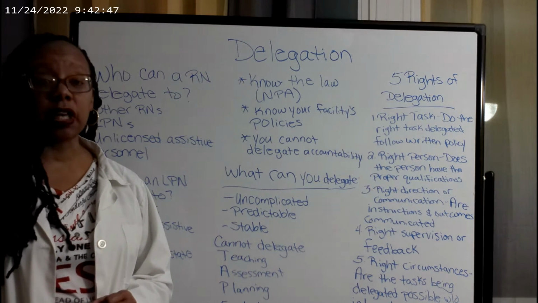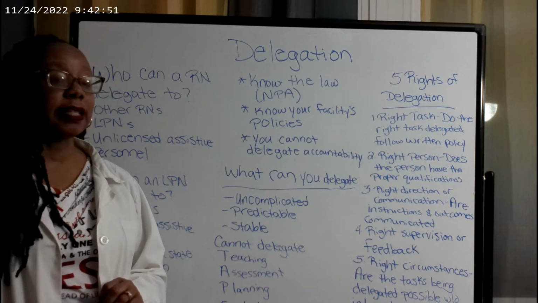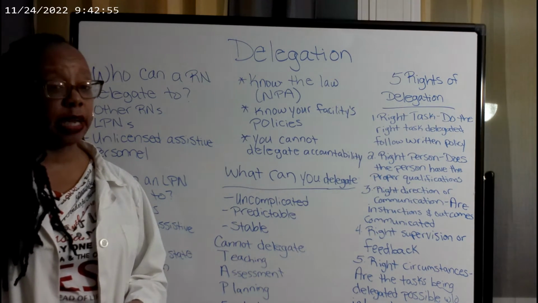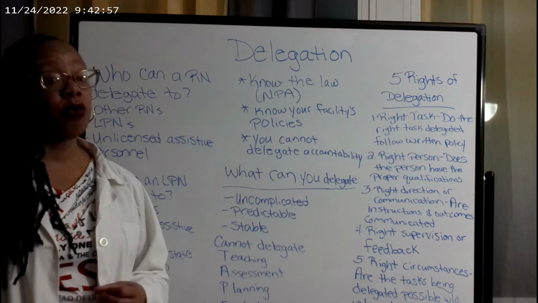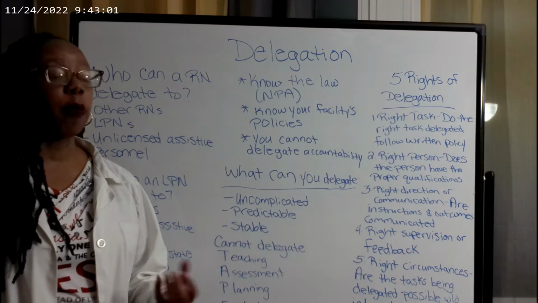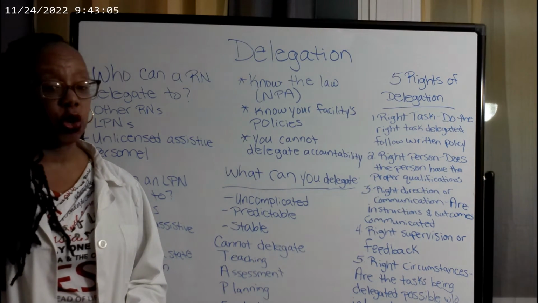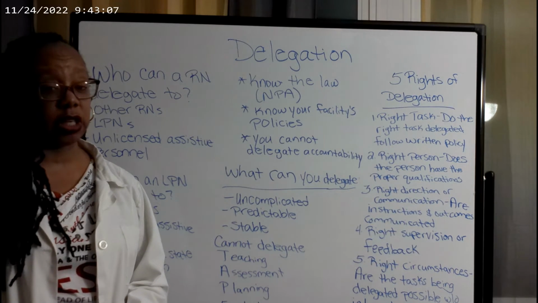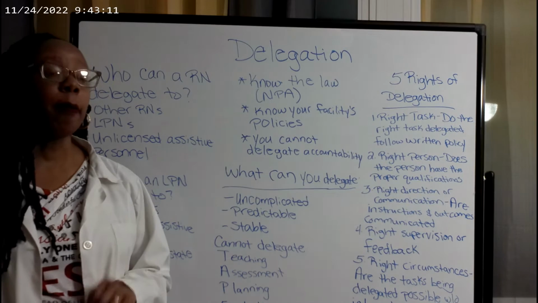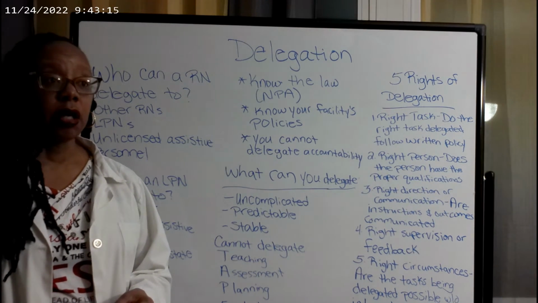They can feed your patients. However, if your patient has dysphagia, that patient is not considered stable because they are at risk for aspiration. That wouldn't be a person that you're going to delegate to your unlicensed assistive personnel to feed, because they're not stable.